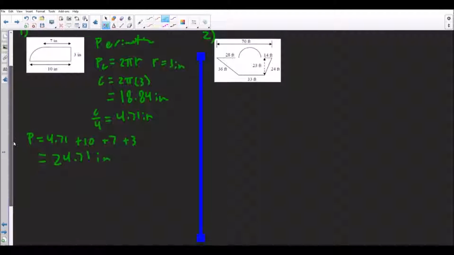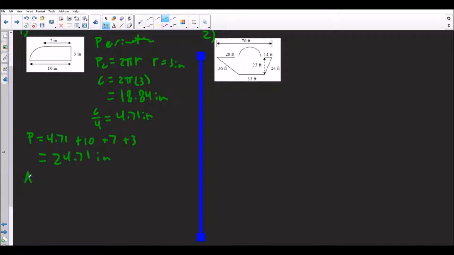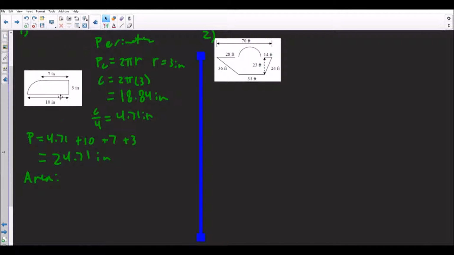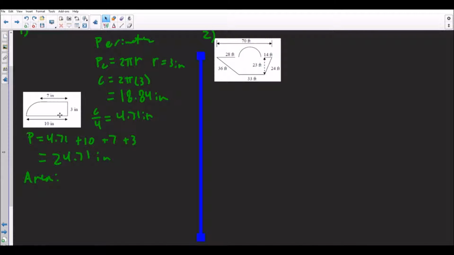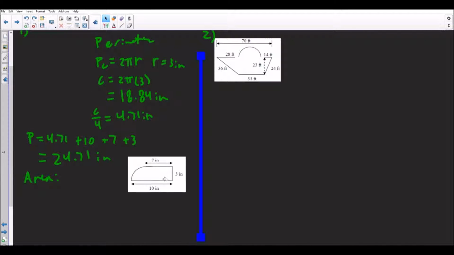Now for the area, let's see what we need to calculate. I'm just going to drag this picture down so that we can see it easier. For the area, we still have a rectangle and a quarter of a circle.